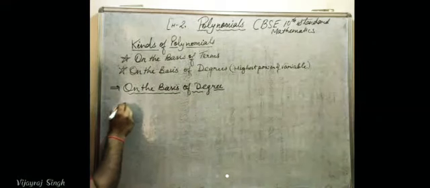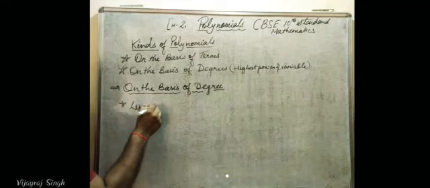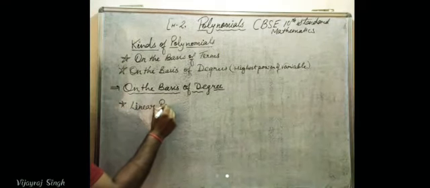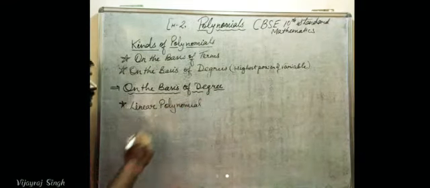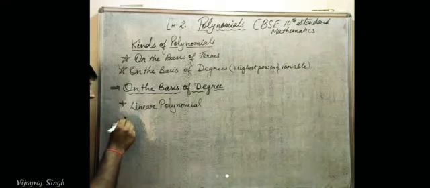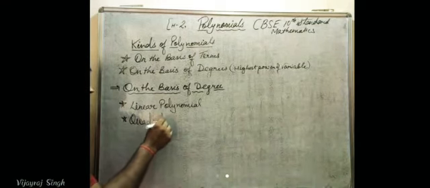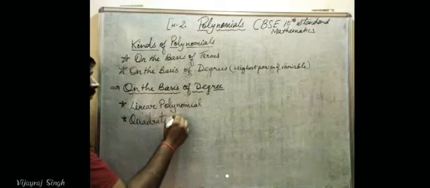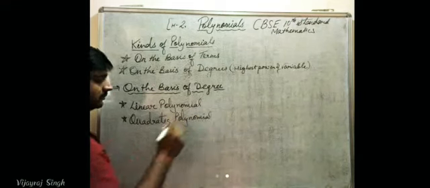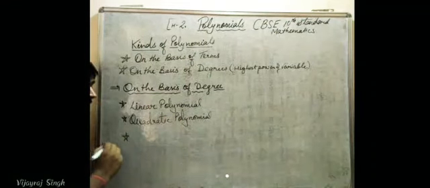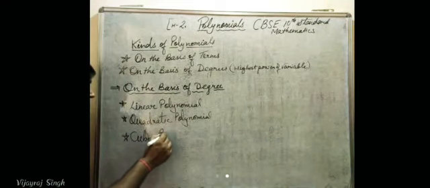First of all, it is called linear polynomial. Second is quadratic polynomial. Third is cubic polynomial.